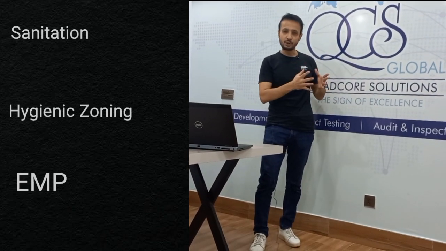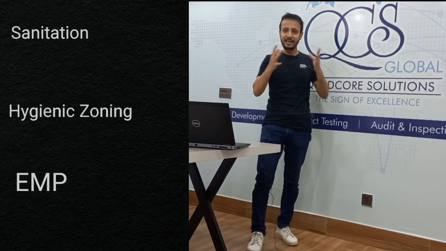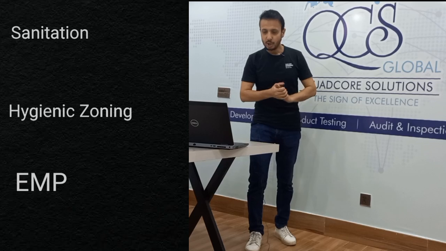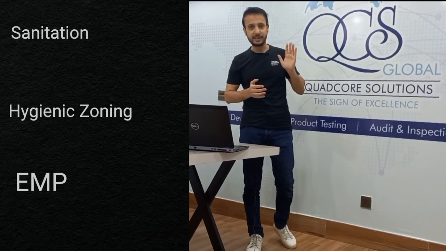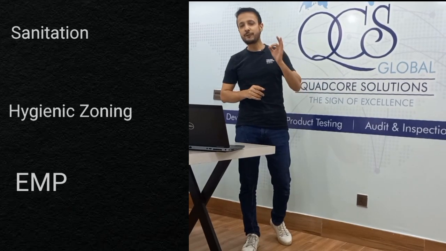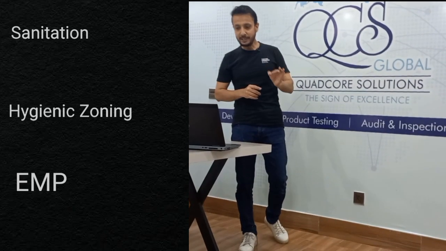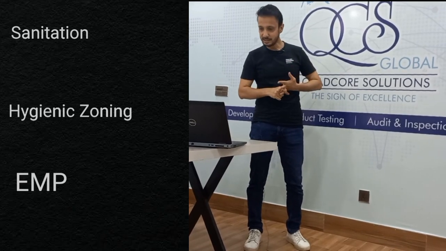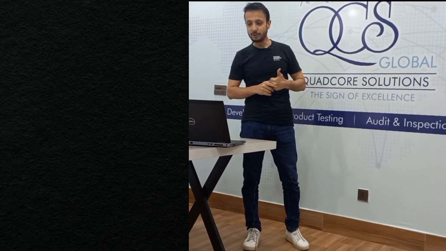Zoning is a process of dividing the manufacturing site into different areas based on risk to avoid food contamination risk. And environmental monitoring program is a process to assess the effectiveness of how the site is constructed, maintained and cleaned to prevent microbial contamination.